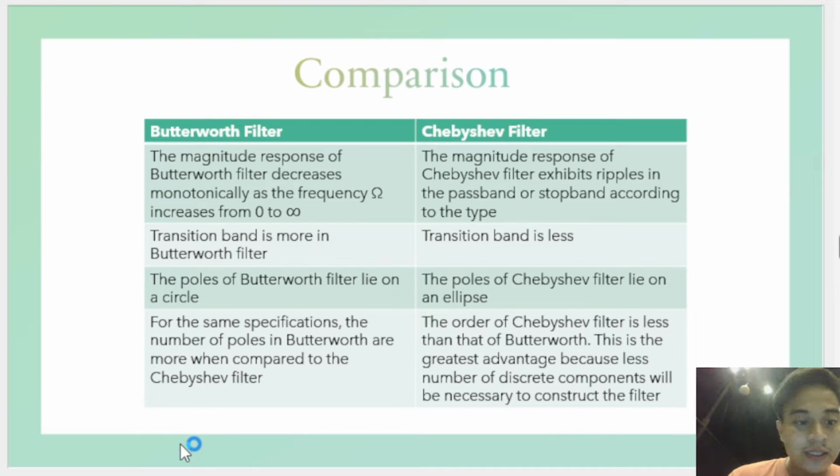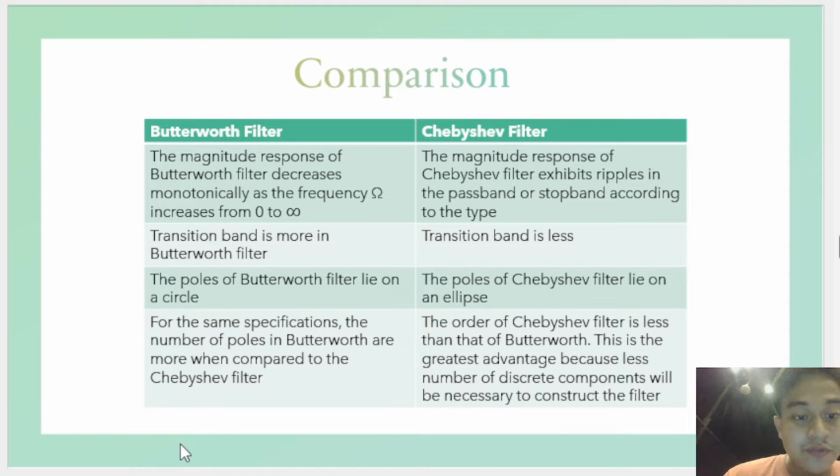The second one is the transition band. For the Butterworth filter it is wider, but for the Chebyshev filter the transition band is narrower. After that, the poles of the Butterworth filter lie on a circle, and the poles of the Chebyshev filter lie on an ellipse.